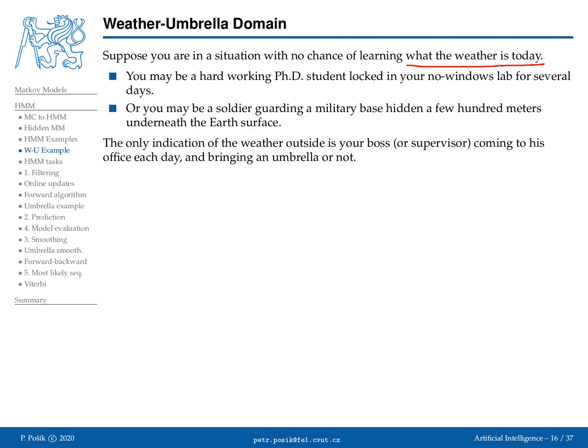And if it is sunny, then he or she will probably not bring the umbrella. So these are your observations, whether your boss brings his or her umbrella or not. And your hidden state is what you want to estimate, the weather outside. You cannot directly observe it.